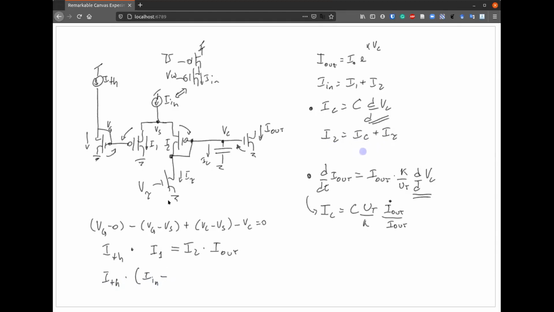So IC is this one: C UT over kappa, I out dot over I out, minus I tau. And then it's equal to, again, I2, which is I tau plus IC. I'll just leave it IC for convenience, but it's this one here, times I out.